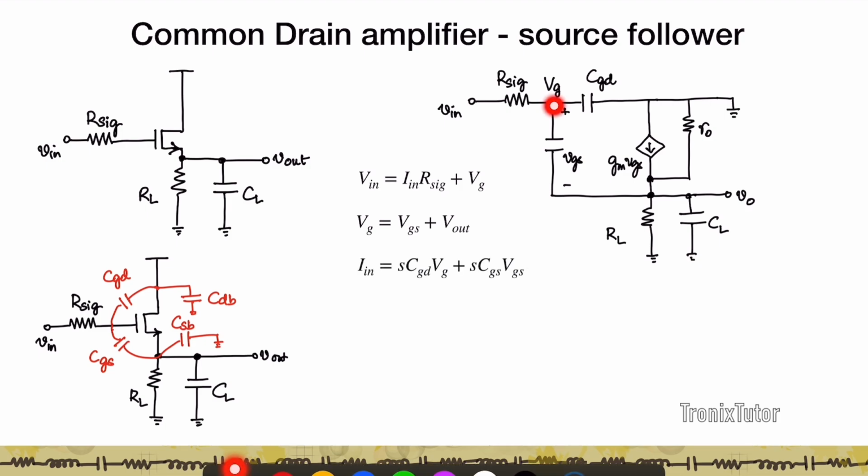And the In is given by the current flowing in CGS, current flowing in CGD, which is sCGD Vg, because Vg is the voltage drop across CGD. VGS is the voltage drop across CGS. So this is my In. And so therefore I can write my Vin in terms of VGS and V out as the following expression, right?